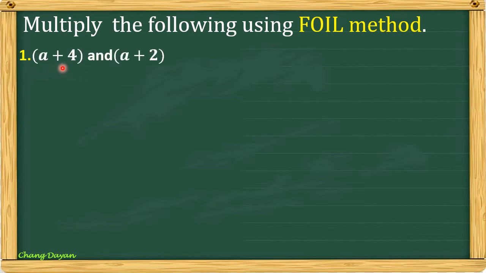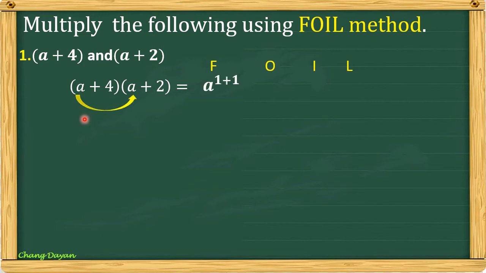Number 1, A plus 4 multiplied to A plus 2. So applying FOIL, multiply the first terms, which are A and A, will get A raised to 1 plus 1. The outer term, which are A and 2, and we'll get plus 2A. Next is for the inner term, we'll have 4 times A is 4A.